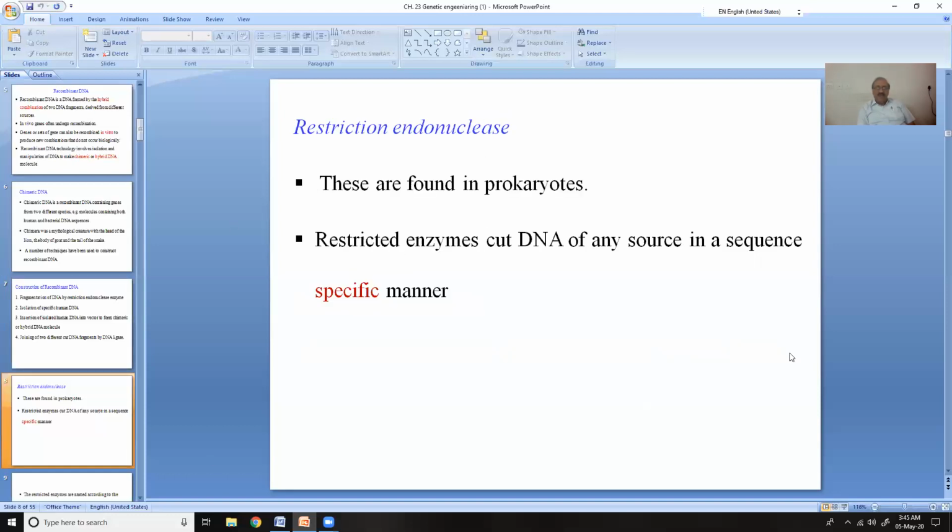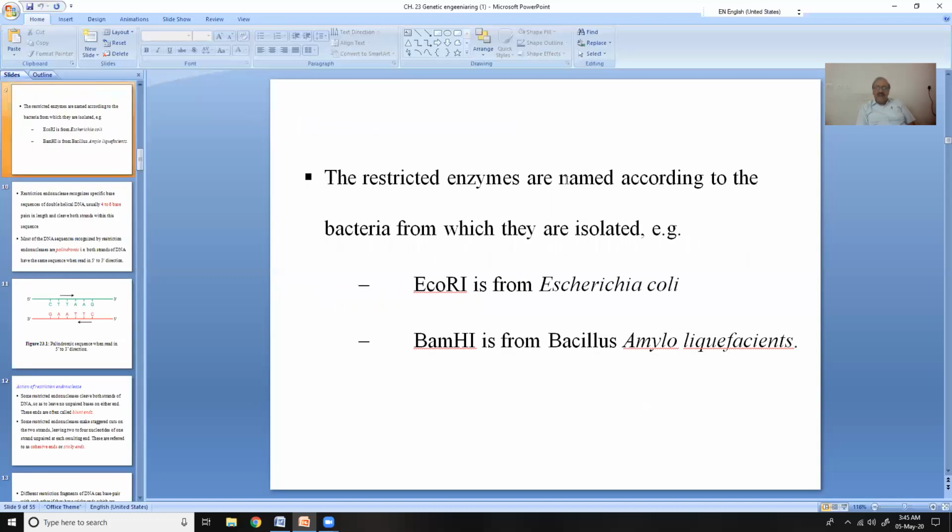Restriction endonucleases are found in prokaryotes. Restriction enzymes cut DNA of any source in a sequence-specific manner, as I told you. The restriction enzymes are named according to the bacteria from which they are isolated.